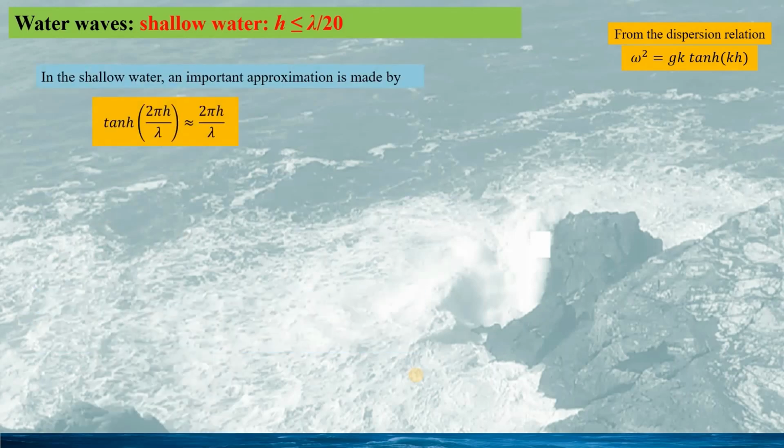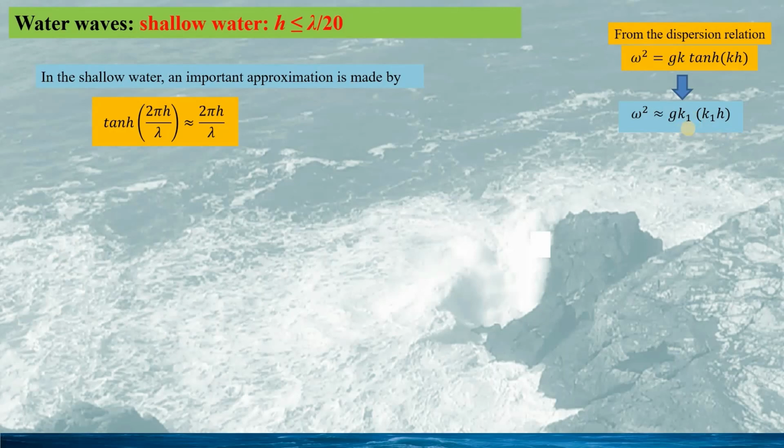Another limit condition is called the shallow water condition, when the water depth is equal to or less than 1/20th of the wavelength. Under such a condition, the tanh function can be approximated by this equation. Therefore, in shallow water, the dispersion relation can be simplified as this.